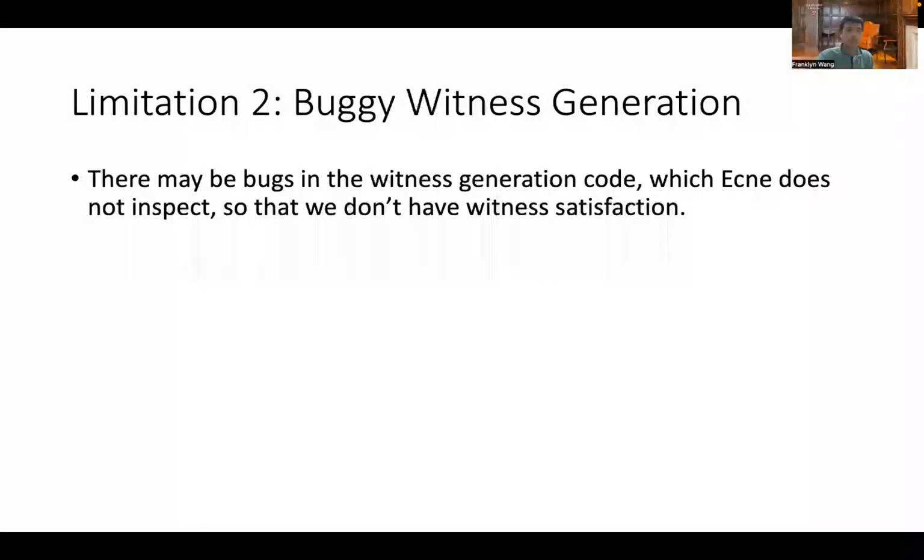Okay, so there might be buggy witness generation. I mentioned earlier that even if we have weak verification, if we don't have witness satisfaction, that might be really problematic. If the witness generation code does not generate valid witnesses, since Ecne can't really control that, Ecne only looks at the QAP, not at the witness generation code, we might not have witness satisfaction, right?